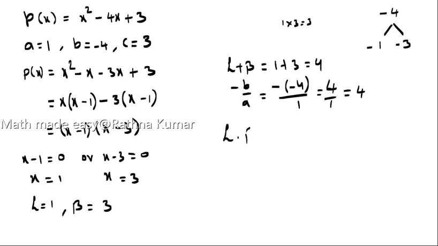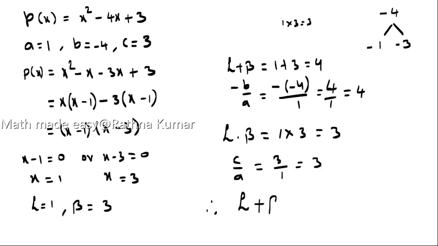Product of roots, alpha into beta is equal to 1 into 3, 3. c by a gives us 3 by 1, that is equal to 3. So therefore clearly we can say that sum of roots, sum of zeros, alpha plus beta is equal to minus b by a, and alpha into beta is equal to c by a.